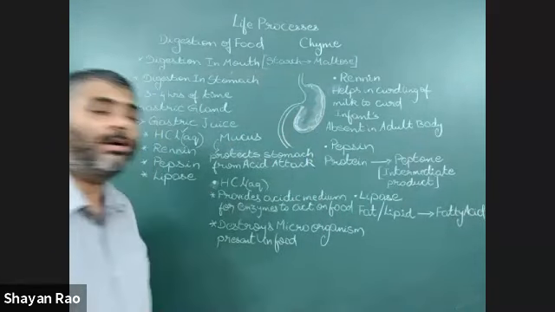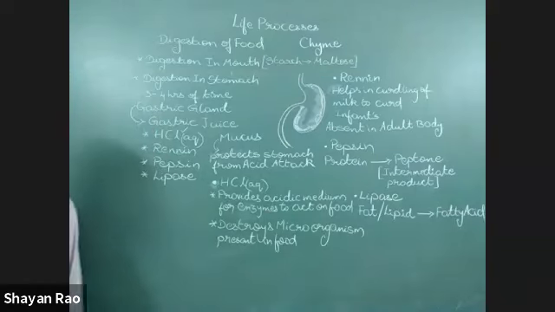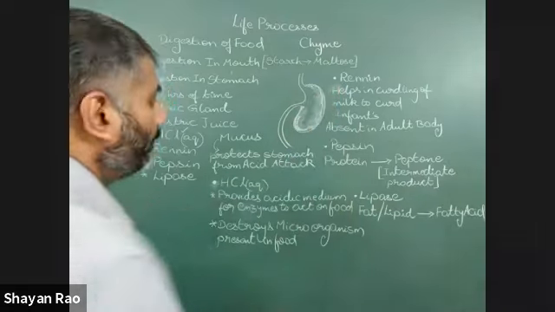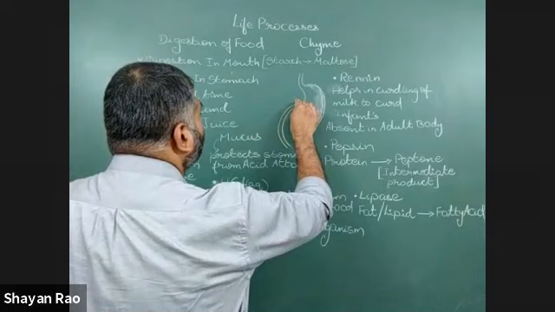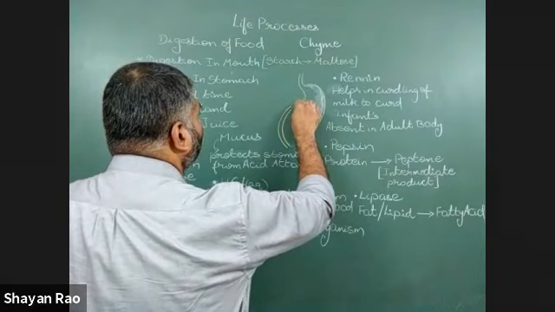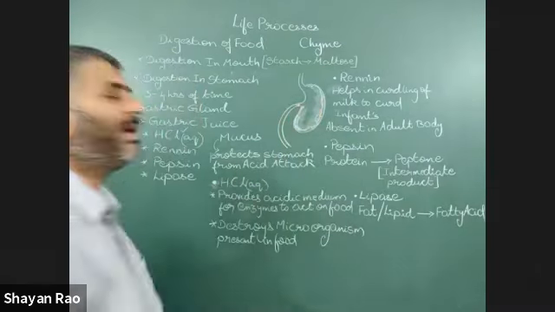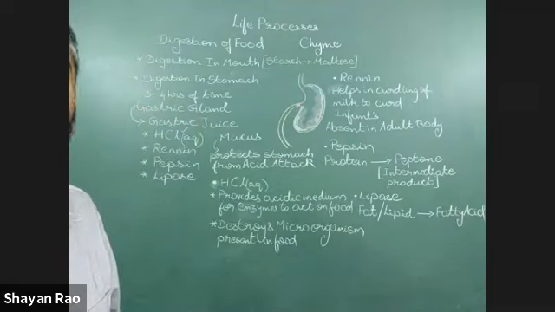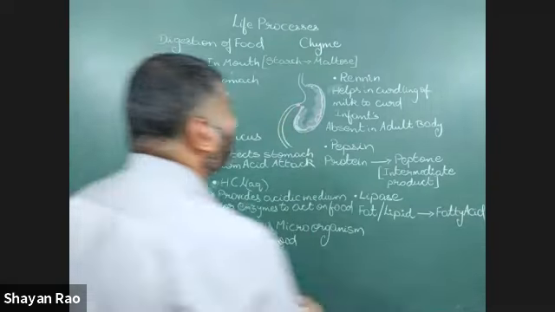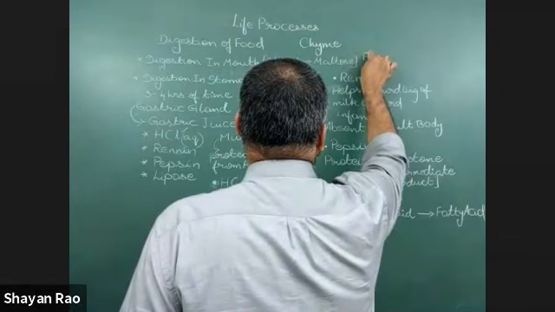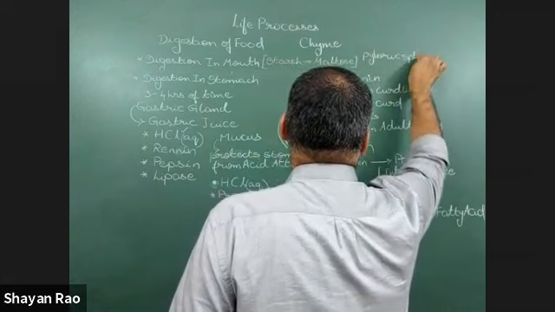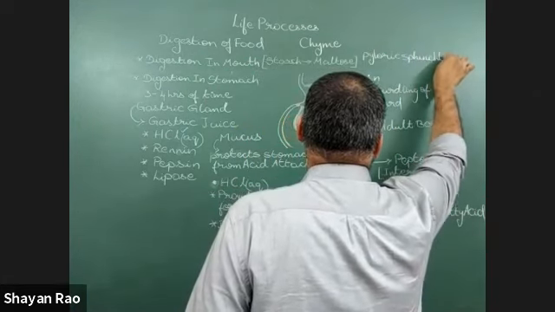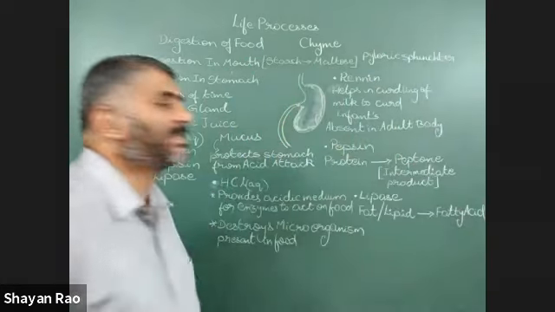There is a circular muscle which prevents the food from coming out of the stomach, which we call the pyloric sphincter.